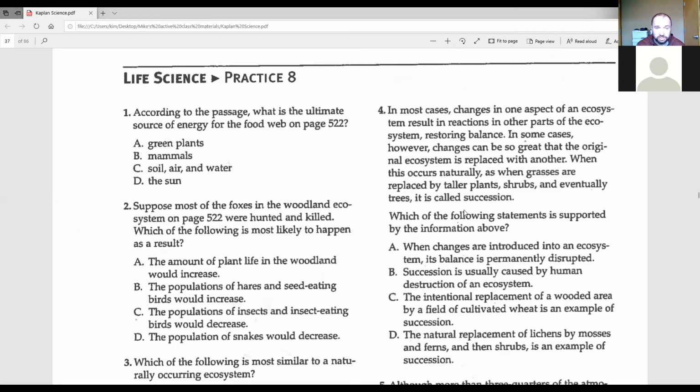Should be fairly straightforward. D matches the example they give most closely, and also A, the one word that kind of stands out for me, making A not the right answer, is the word permanent. The fact that they say its balance is permanently disrupted is kind of a red flag to me that that's not going to be the right answer.